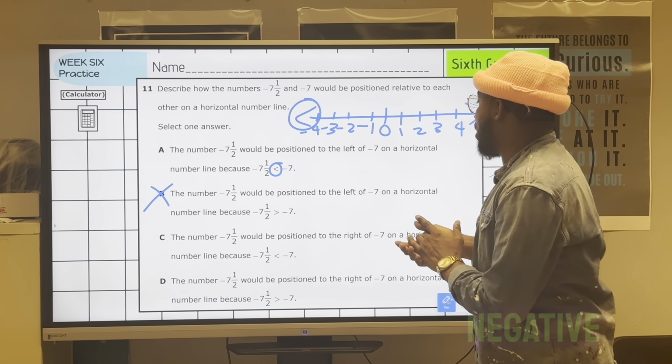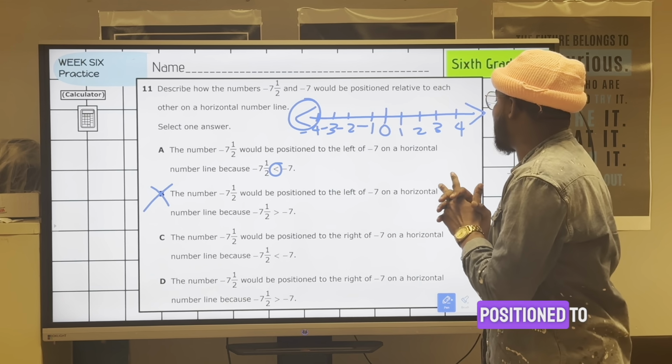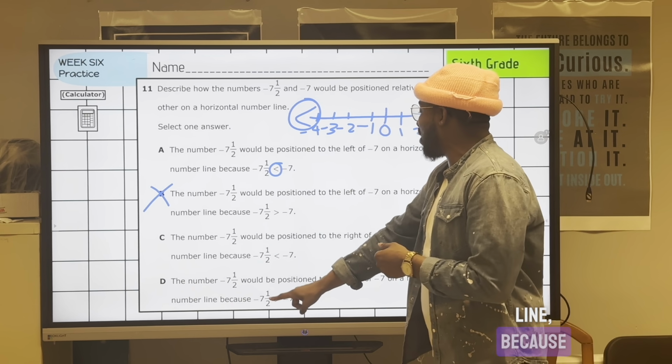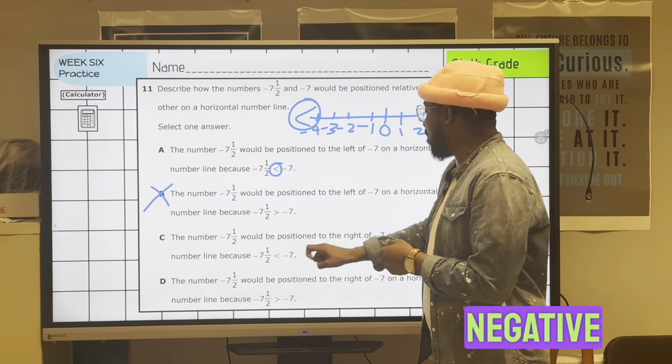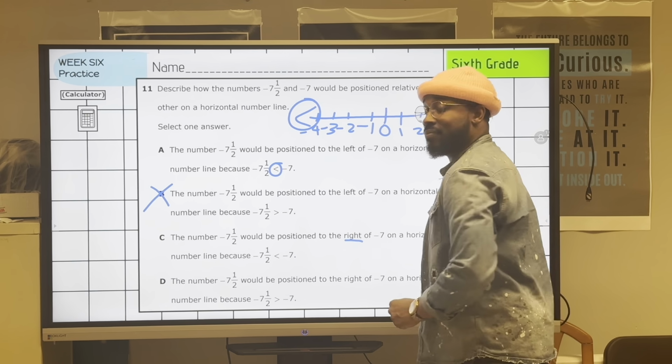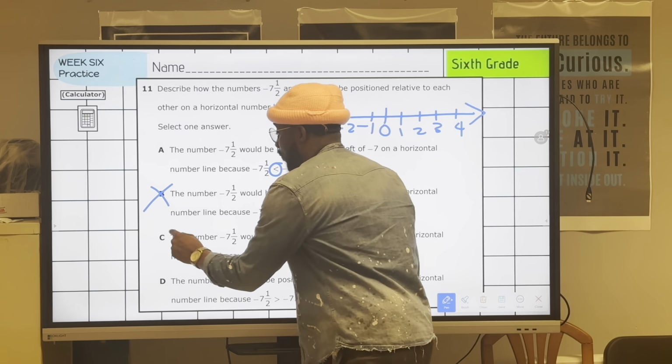C, the number -7.5 would be positioned to the right of -7 on a horizontal number line because -7.5 is less than -7. Now, it is less than -7, but it will not be on the right.